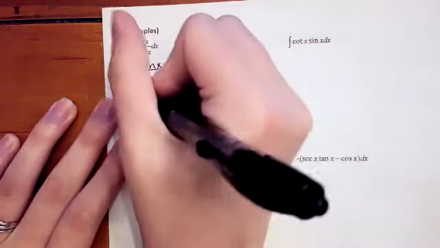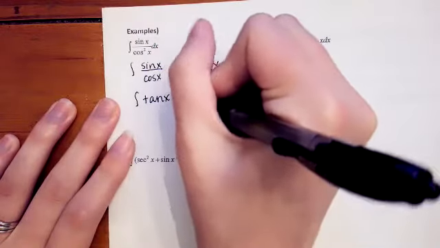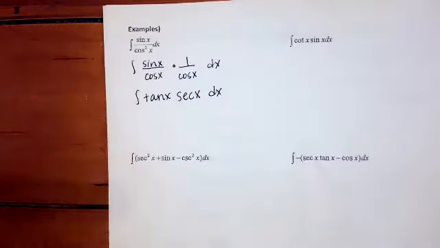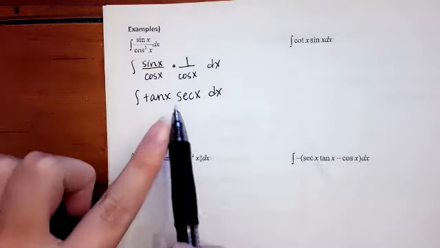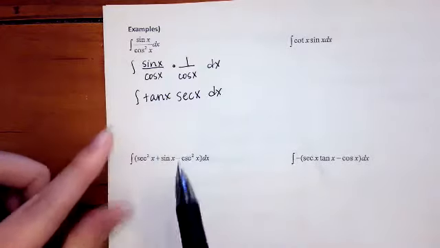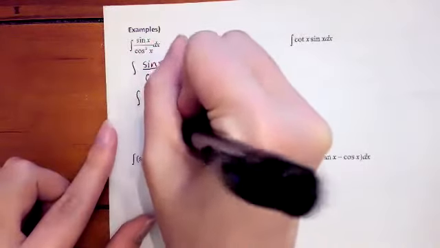Well, I know sine over cosine is tangent. 1 over cosine is secant. And I know what the integral of secant tangent is. This is the same, multiplication is commutative. So I know my answer here should be secant x plus c.